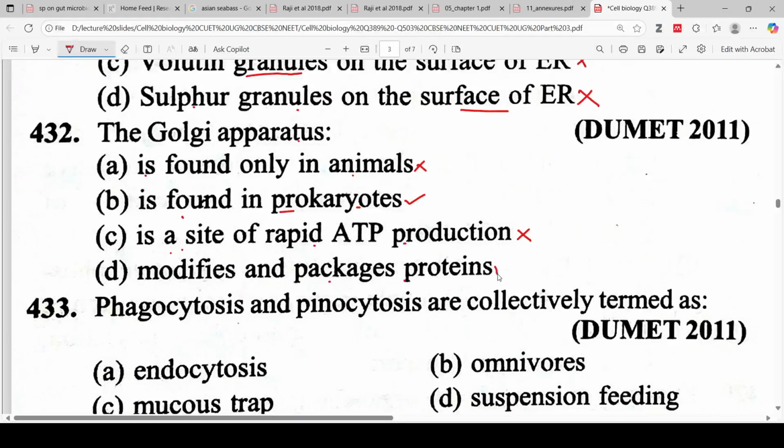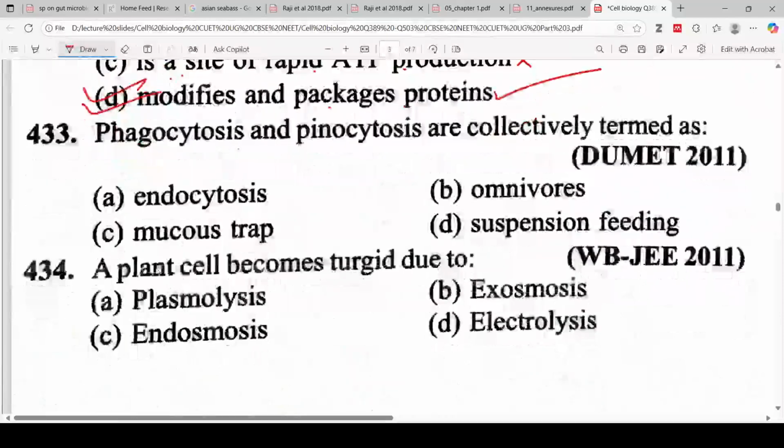So the correct answer will be the option D. But this option is true, but it is also found in eukaryotic cell. So the found in prokaryotic and eukaryotic both cells. So that's why this option is also not correct. This also not correct. So the correct answer is next question.